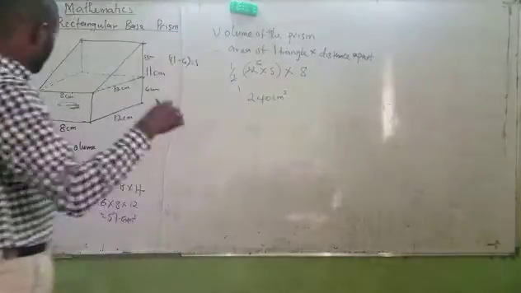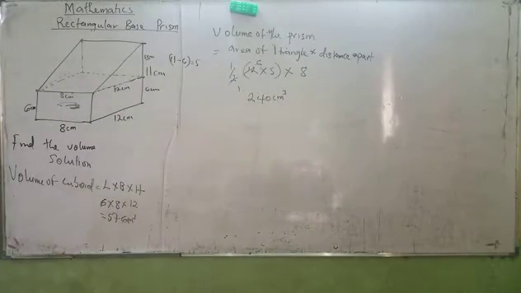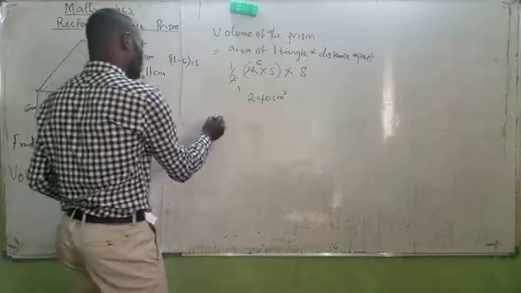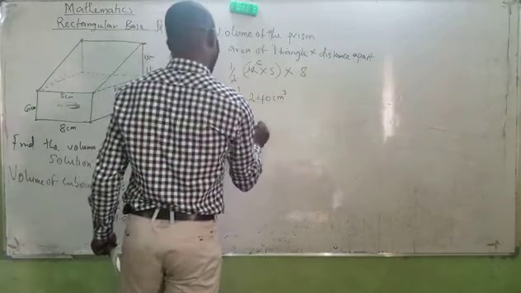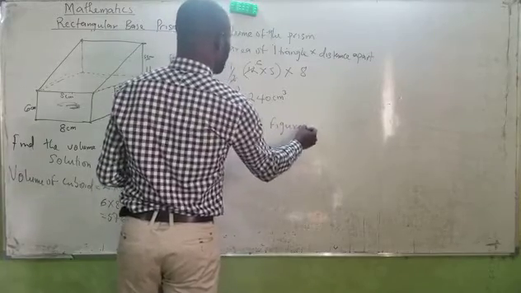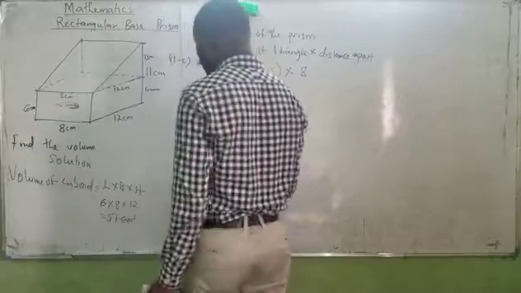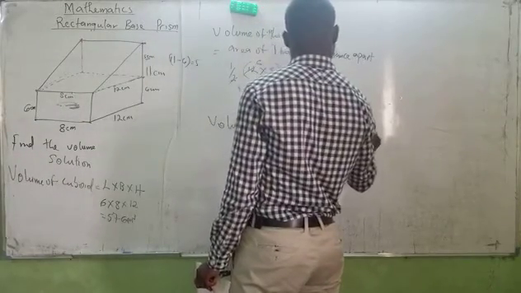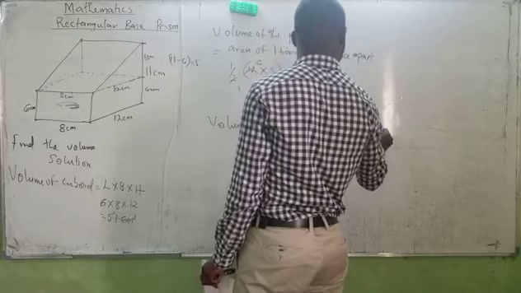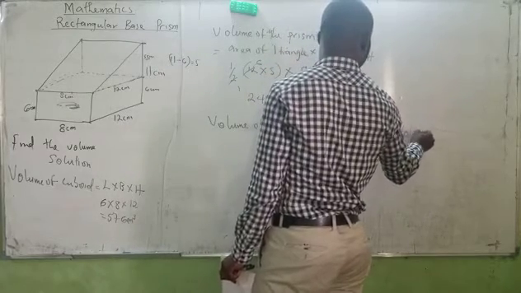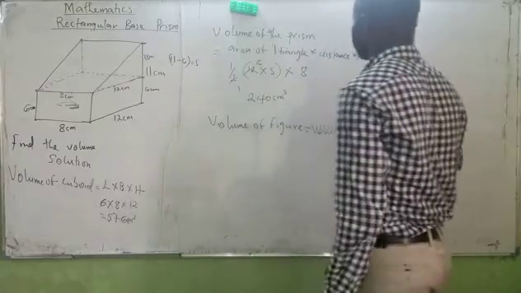Now, that is very good. Now, I will say that for me to have the volume of the figure, the volume of the shape will be equal to volume of the cuboid plus volume of prism.